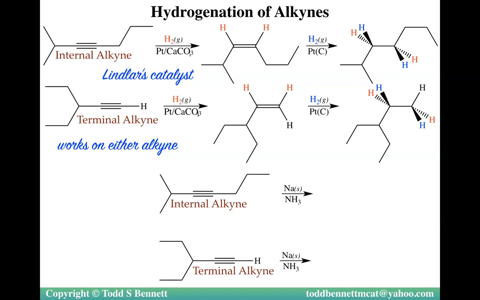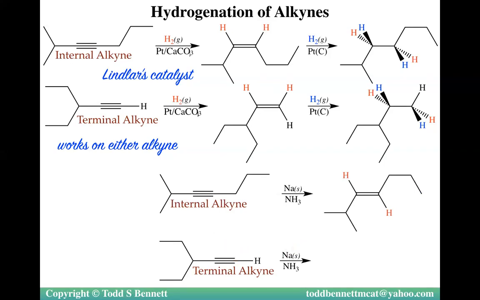If you recall, NaNH2 in ammonia solvent was what we used to deprotonate a terminal alkyne. And so this combination of reagents works really well for the internal alkyne. It can add anti, put two H's on anti. But when we react with the terminal, it ends up that we don't add across.